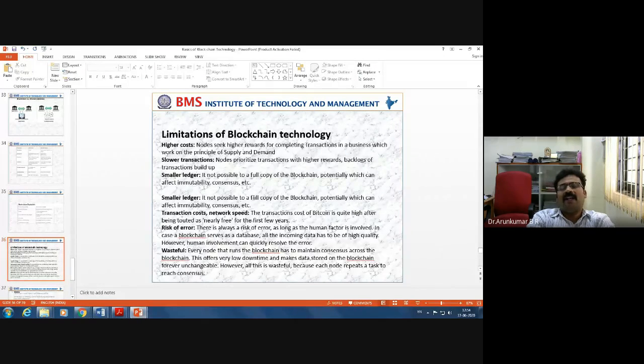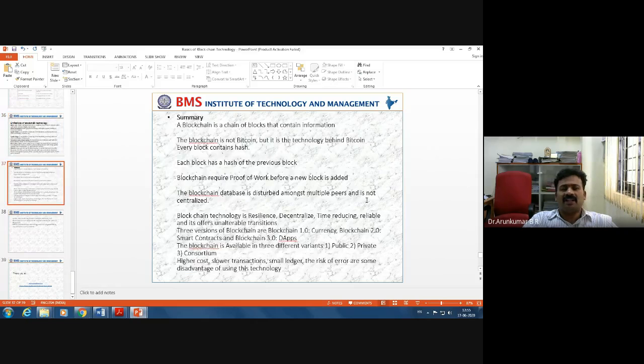In order to bring in the immutability, you have to add a new block, for example, with a lot of proof of work, and a lot of computational power will be wasted. If there are 1,000 nodes, or 1,000 users in a blockchain, then see the computational power involved while creating a new block. So there is a wastage of resources, which is a limitation of the blockchain technology.